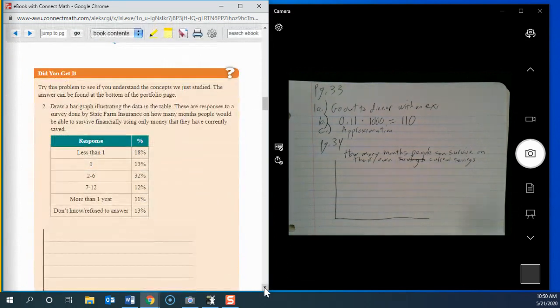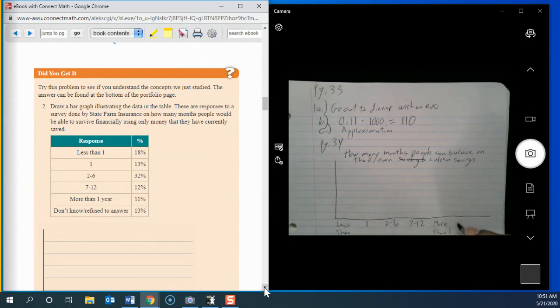So the amount here, first of all, we would have the names. We could have less than 1. And then we could have 1, 2 to 6, 7 to 12, more than 1 year.